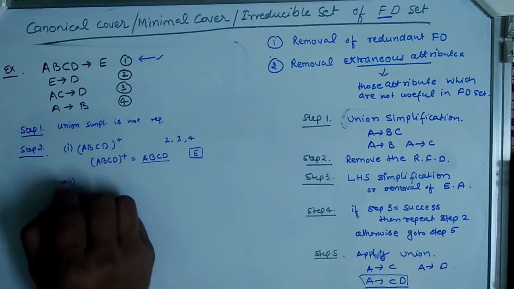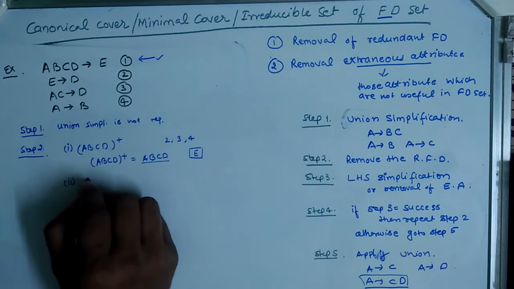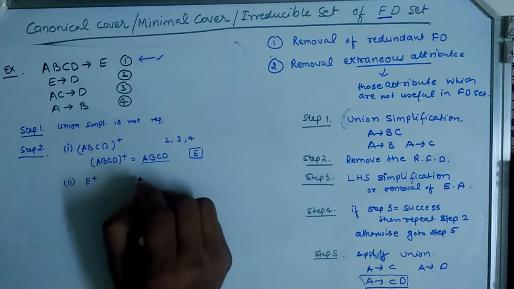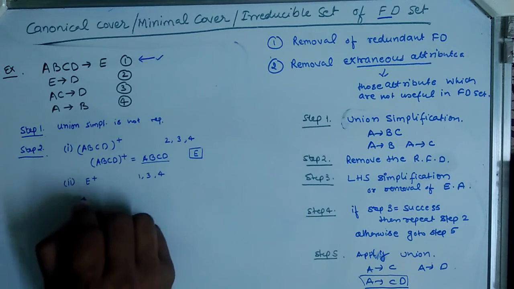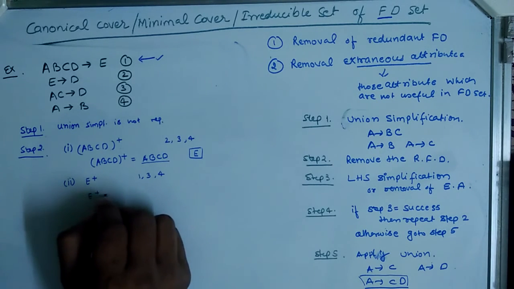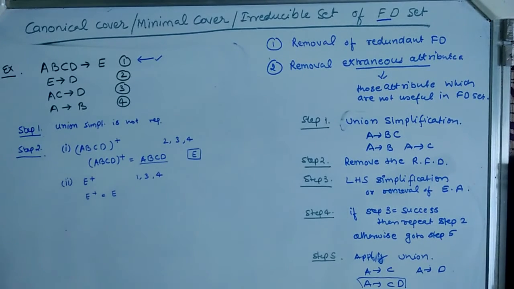Second, check for equation 2, where you need to find the E closure from equations 1, 3 and 4. So E closure would be E. From equation 1 you cannot find anything, even in equation 3 you cannot find anything, and from equation 4 also you cannot find anything.